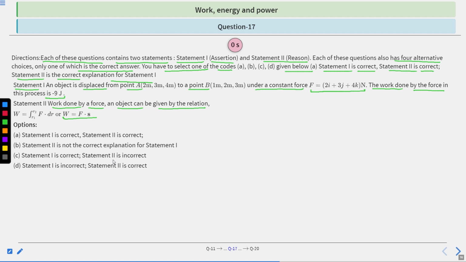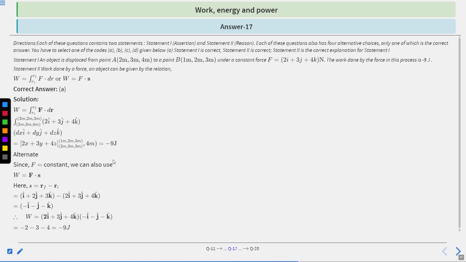Let's find a solution. So we know W equal to integration R1 to R2 F dot dr, where this is the R1 limit and this is the R2 limit, and F is this and dr is this. So solving this term, this and this term, you will get this, and equating the limit, you will get minus 9 joule. Clear?